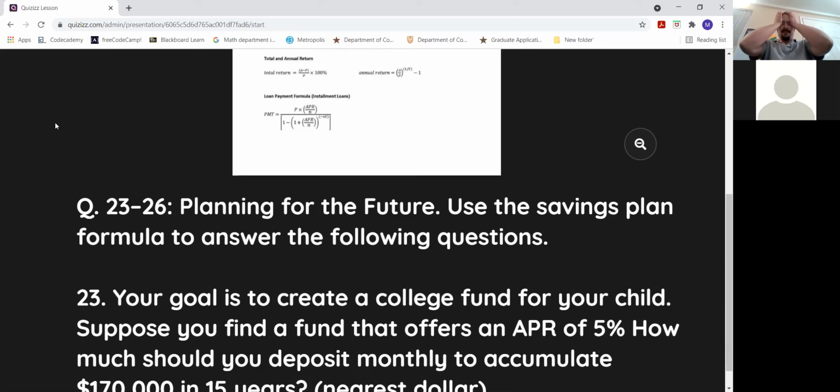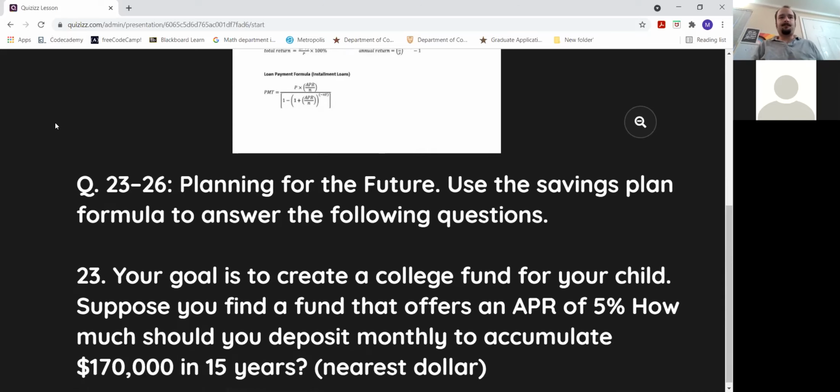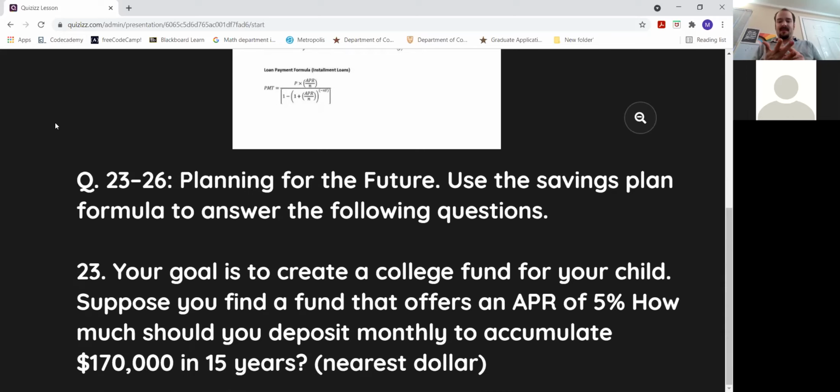Any questions over what we did last time in 4B? Okay. So this section 4C, we're doing savings plan.